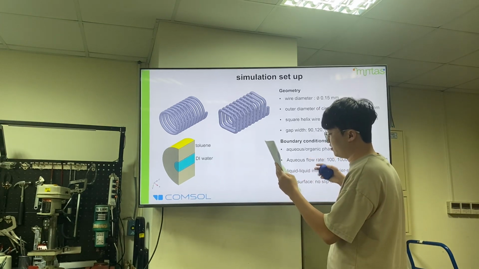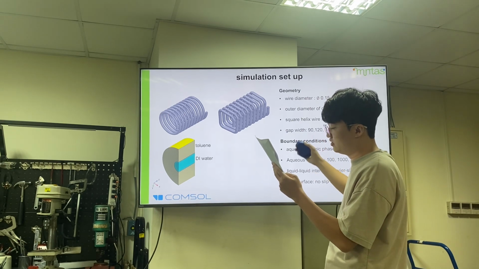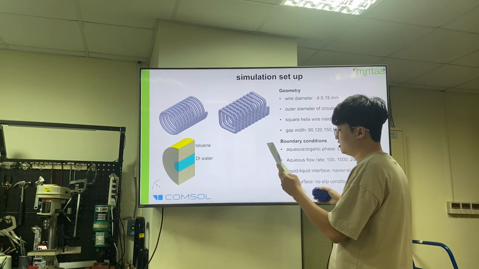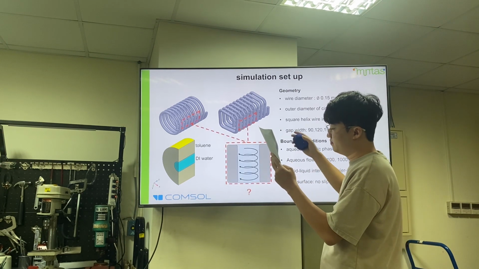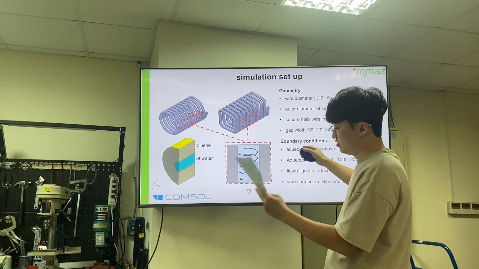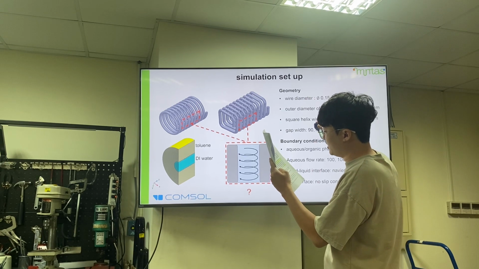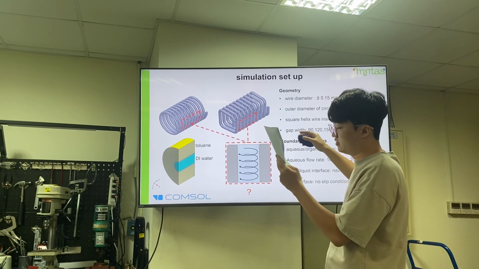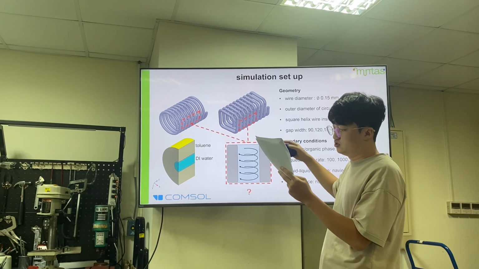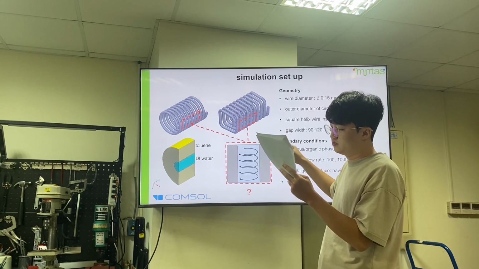Our research focuses on analyzing the flow pattern within circular and square helix wire configurations, while observing variation in vortex formation within the gap. We maintain a consistent liquid contact area while altering flow rate and gap width, ensuring both wires had an equivalent circumference.